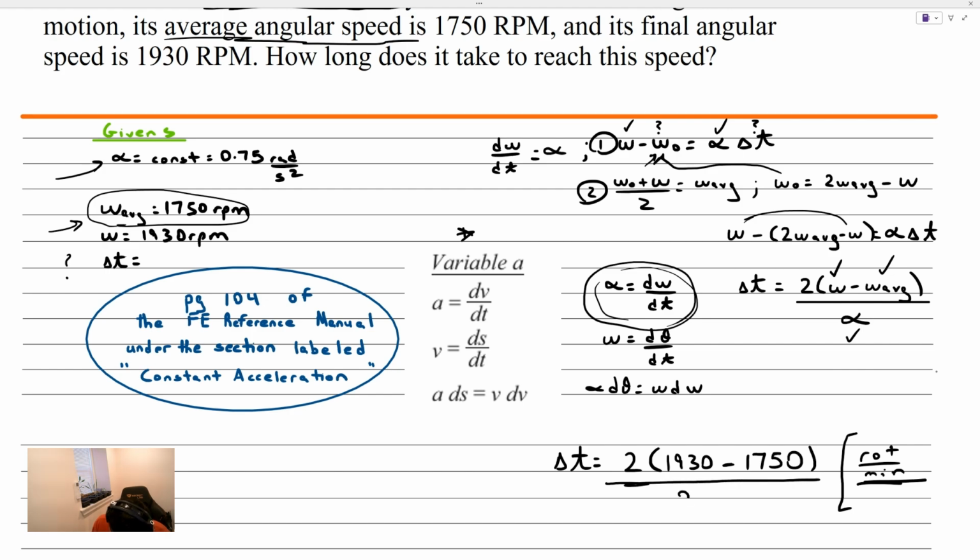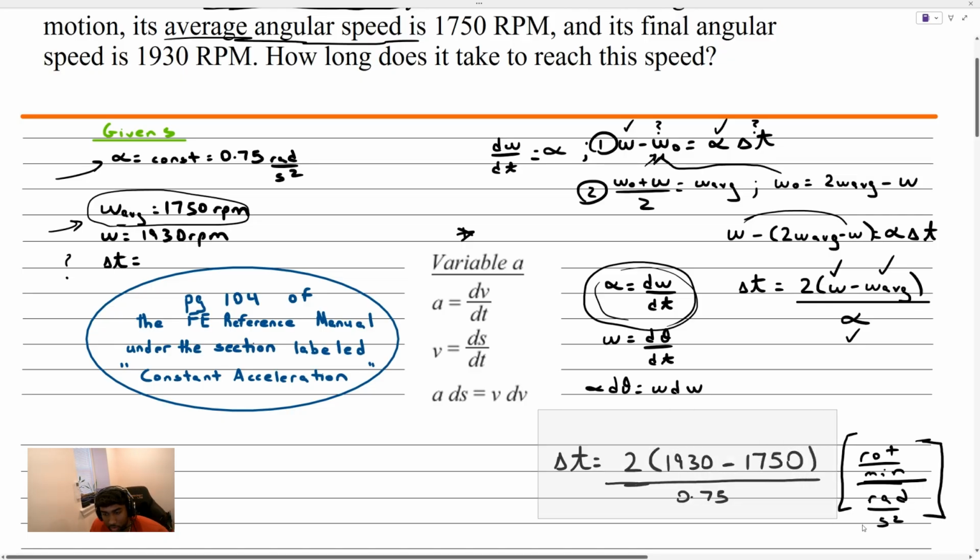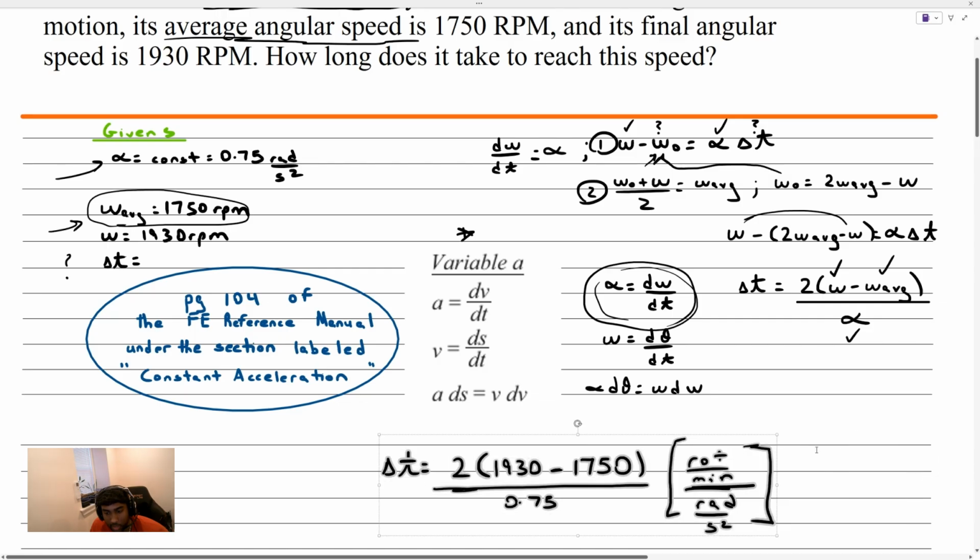I was given it as 0.75, and that's radians per second squared. I recommend you keep track of your units separately so it doesn't get confused inside all the numbers. This is a way I use to keep track of all my units, and it's been really helpful to me. I recommend you do the same if you're struggling with some unit conversions.